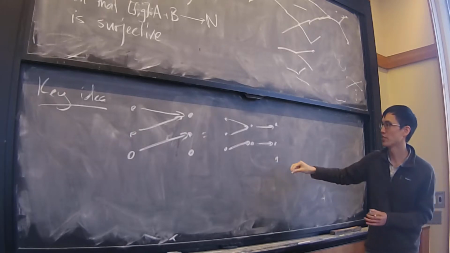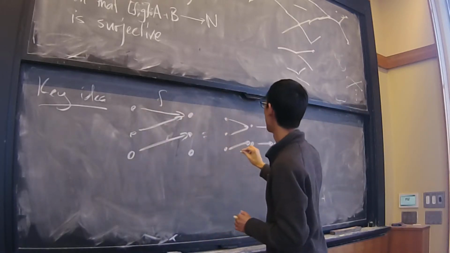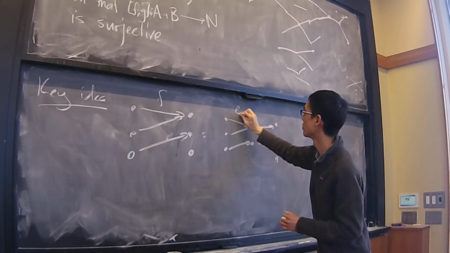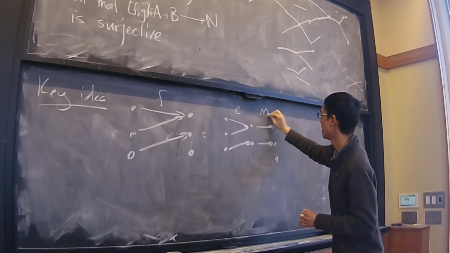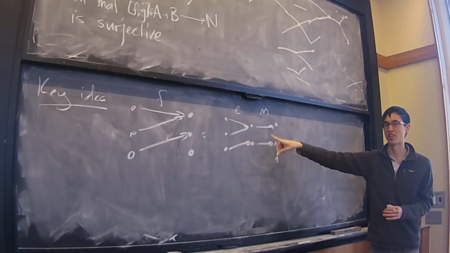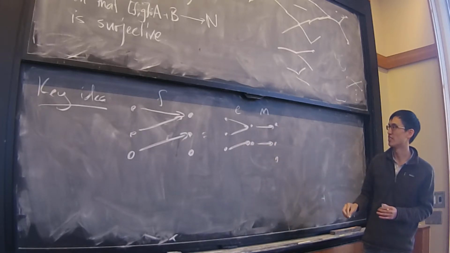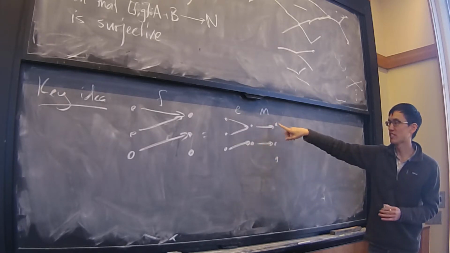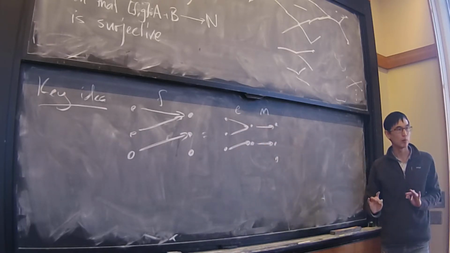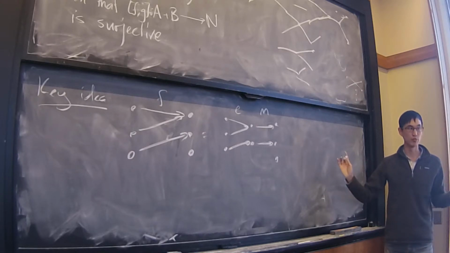So we want to take some arbitrary function and factorize it into a surjective part, which I'm writing E for epi, and an injective part, which I'm writing M for mono, or monomorphism. And in fact, this factorization is unique up to unique isomorphism. It obeys its own universal property.